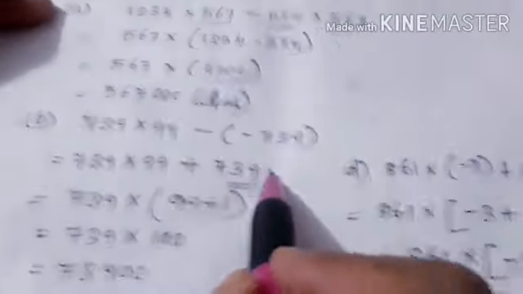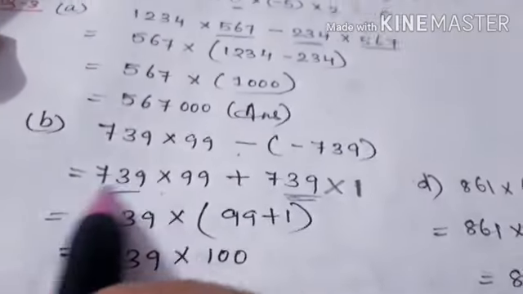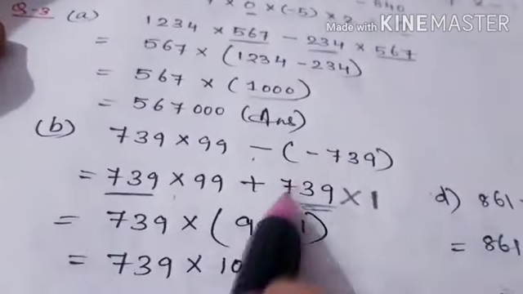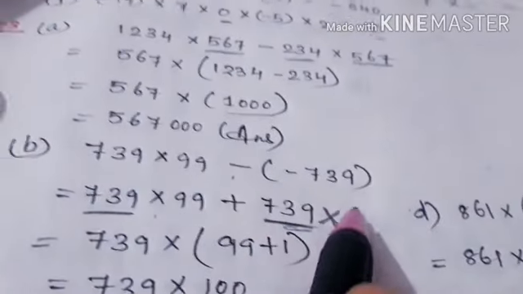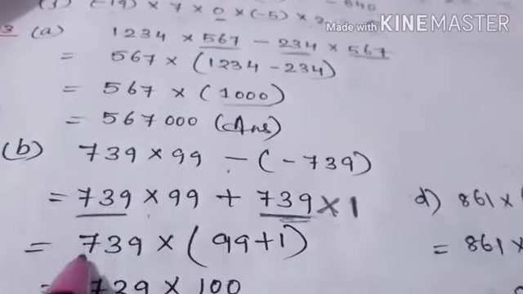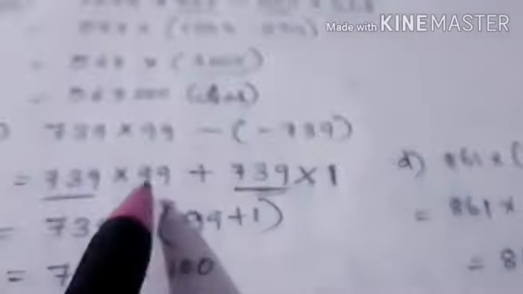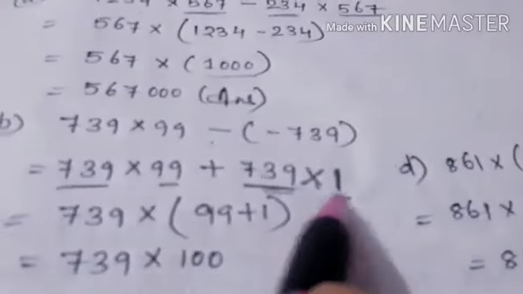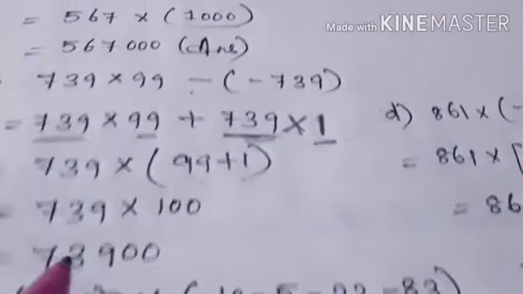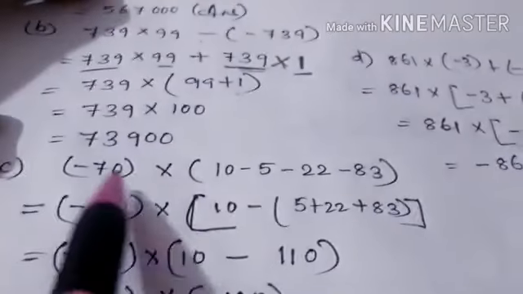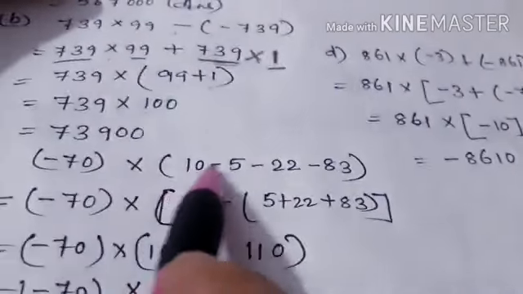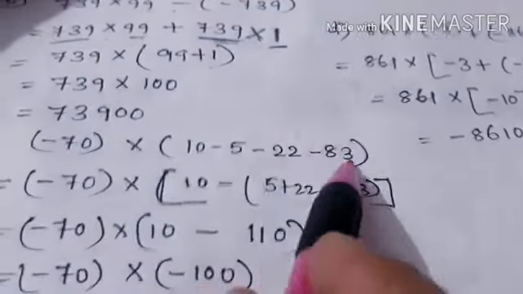739 only, 1 means you write here multiplied by 1. Here you see 739, here also 739, so I have written multiplied by 1 here. Then you take 739 common: 739 into (whatever is left, 99 plus 1), which is equal to 100. Then 739 into 100, that is 73,900. Now see, minus 70 into 10 minus 5 minus 22 minus 83.